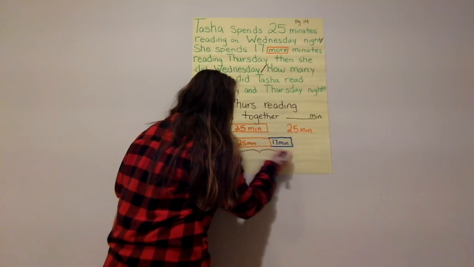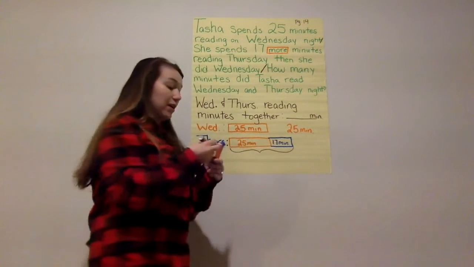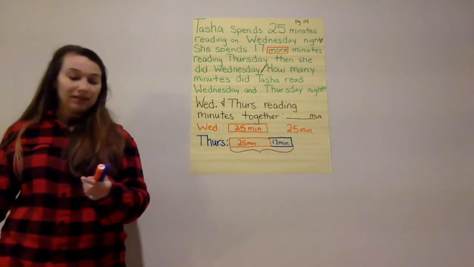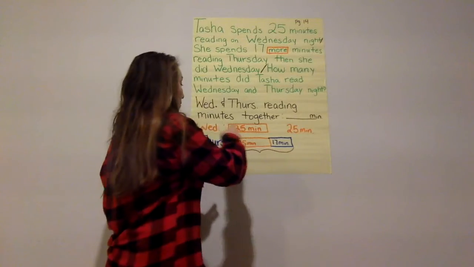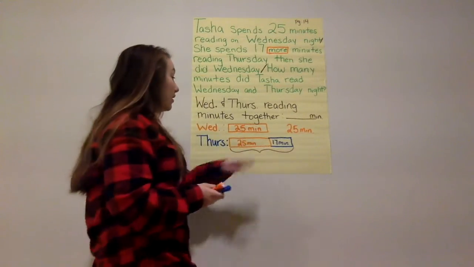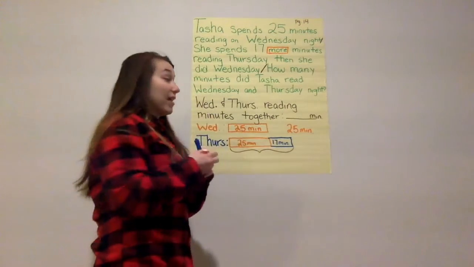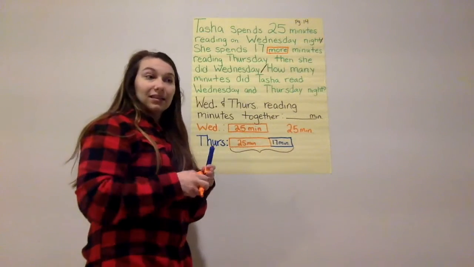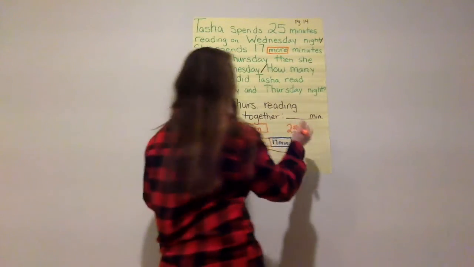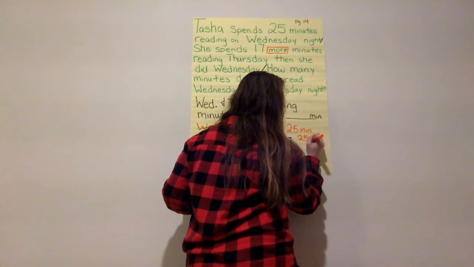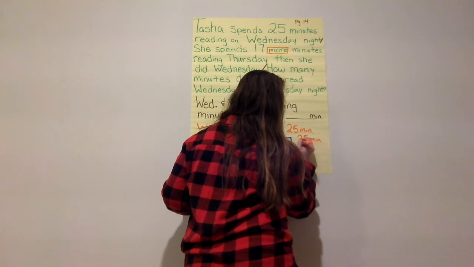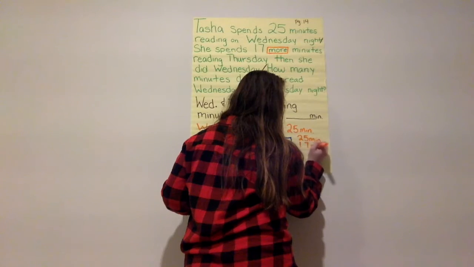Yep. We're going to have to add 25 plus 17. So over on the side here, you see I wrote the 25 minutes to represent Wednesday. Now I'm going to write 25 minutes plus 17 minutes to figure out how many minutes she read on Thursday.